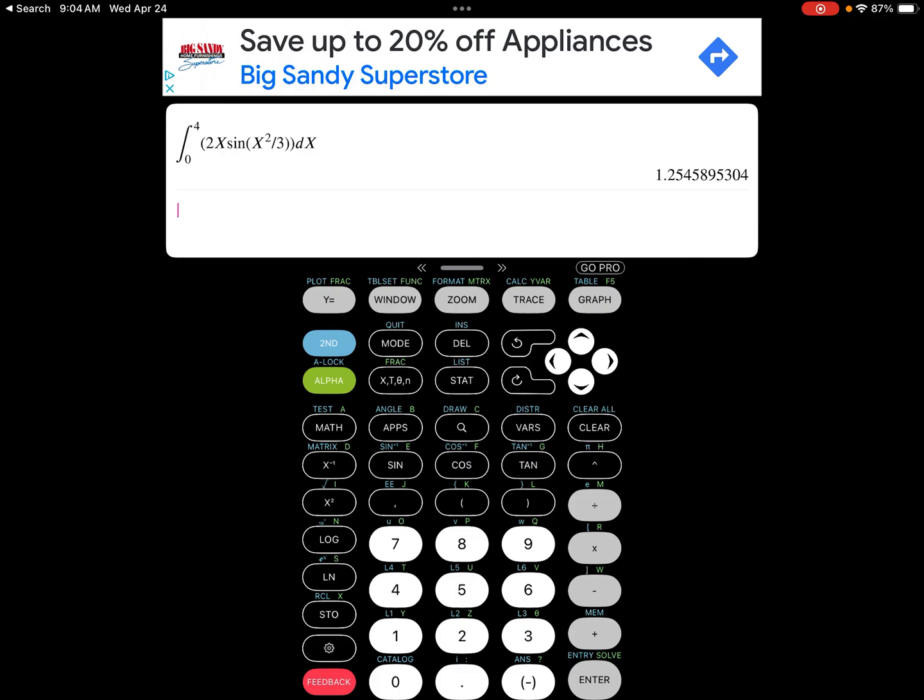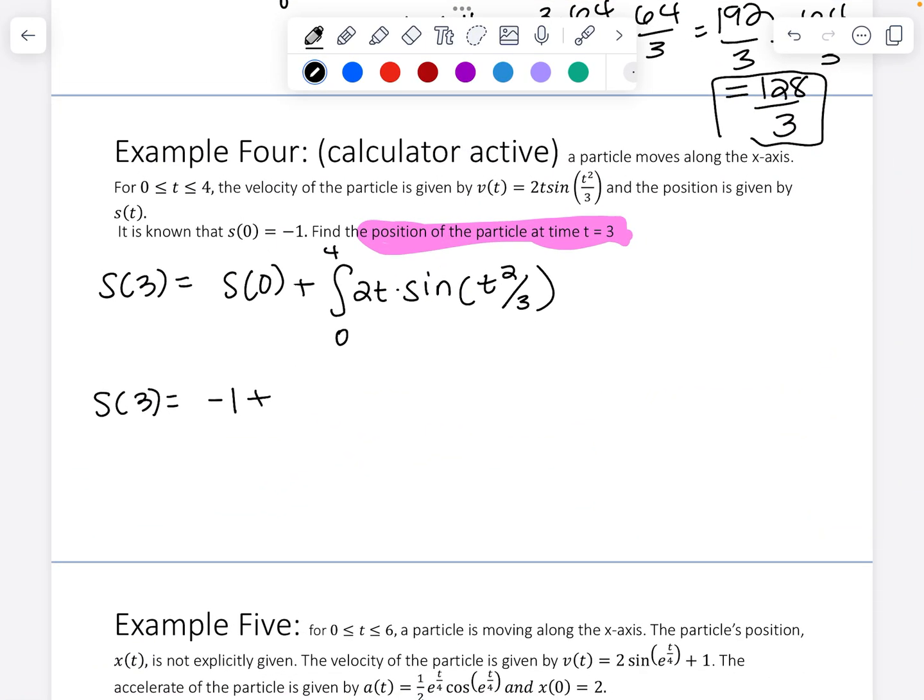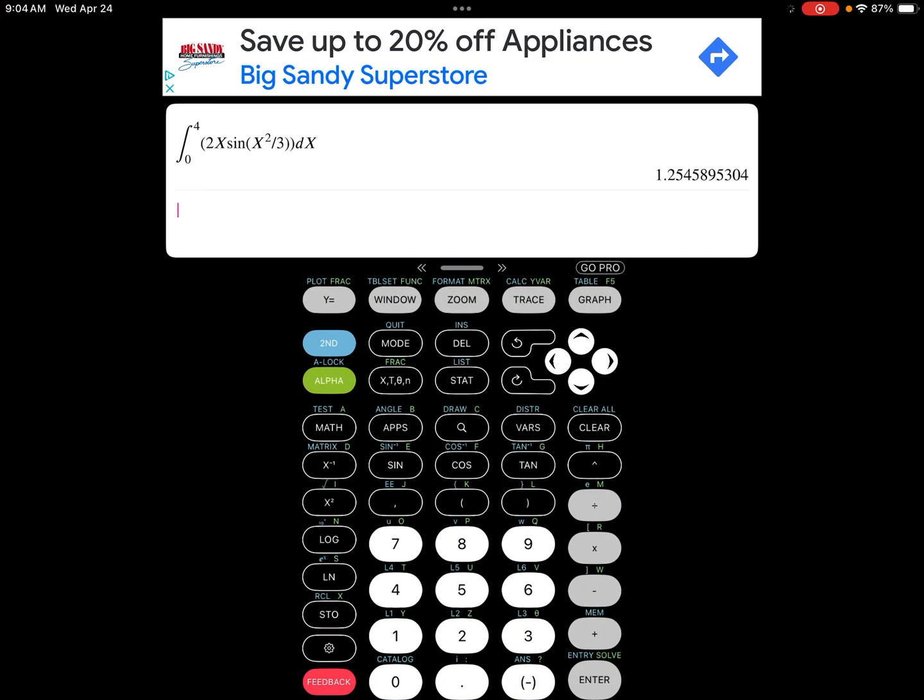Last time I got 5. Oh, sorry, one thing I changed, okay, going back to this real quick, it says, so it's telling us this function goes from 0 to 4, but it wants its final position at t equals 3, so I should be plugging in a 3 in here, not a 4, so change that real quick, that's why my answer's wrong, well, compared to what I did before, so let me fix this real quick.